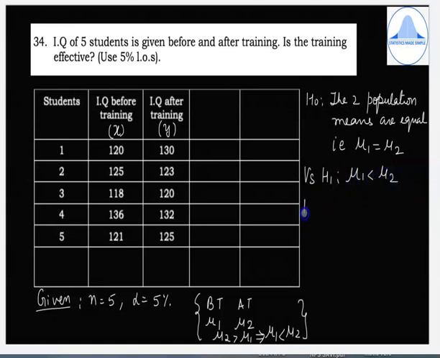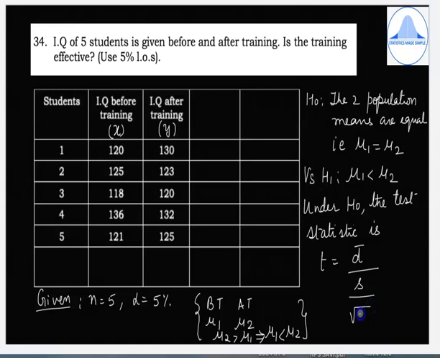Next, under H0, the test statistic is T equal to D bar divided by S by root n minus 1, which follows t with n minus 1 degrees of freedom.